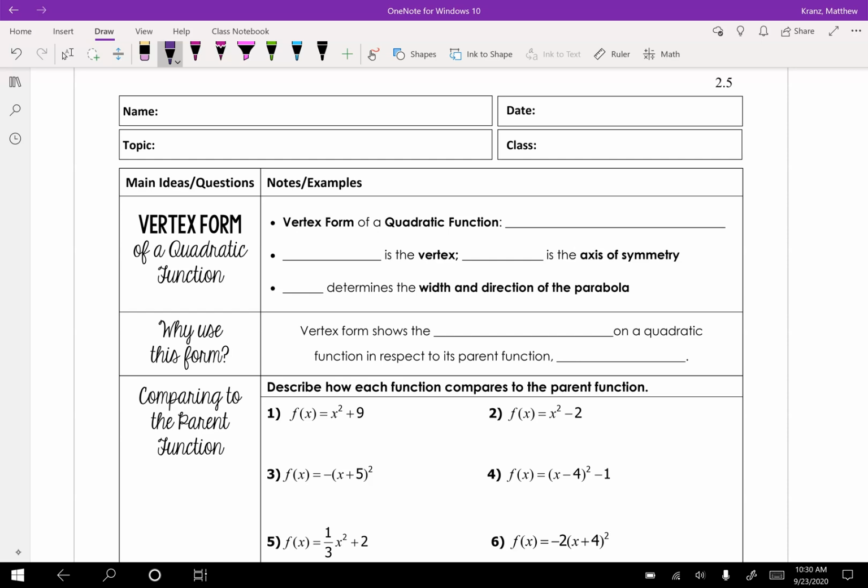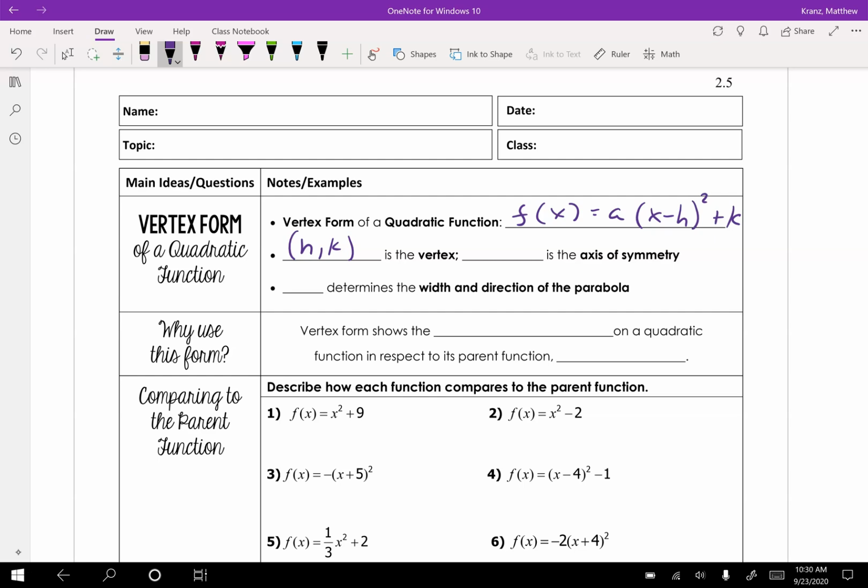So the vertex form of a quadratic equation or function is f of x equals a times (x minus h) squared plus k. Right? So your vertex is the same thing like that absolute value one, h and k, so the opposite of what happens to x and whatever k is.